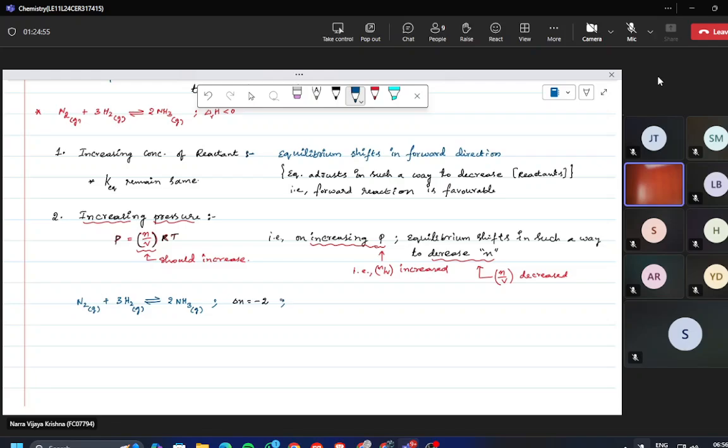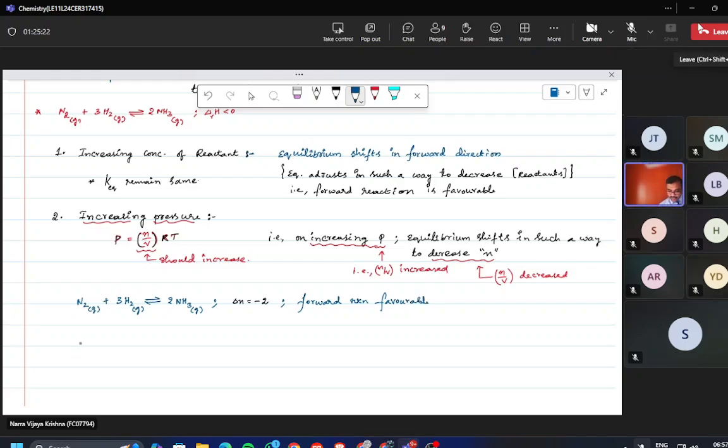At the reactant side there are 4 moles, product side 2 moles. If it moves in forward, 4 moles are becoming 2 moles. So number of moles decrease. Means what is favorable? Correct?